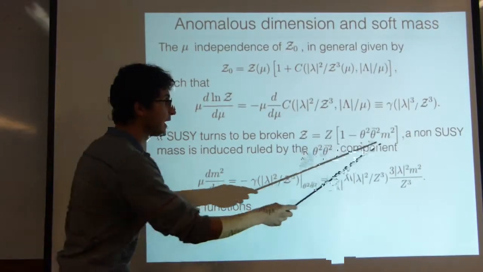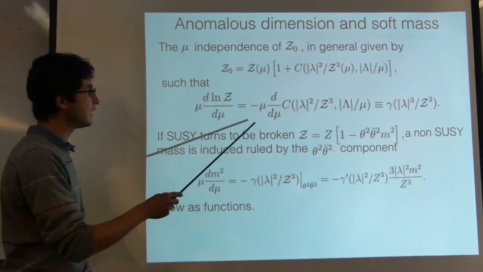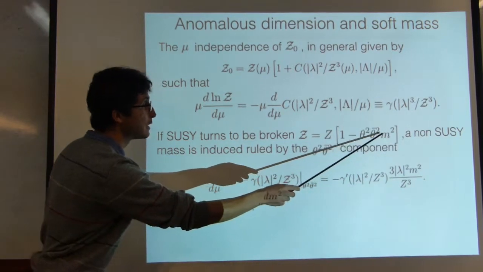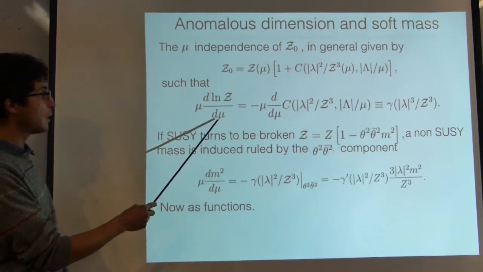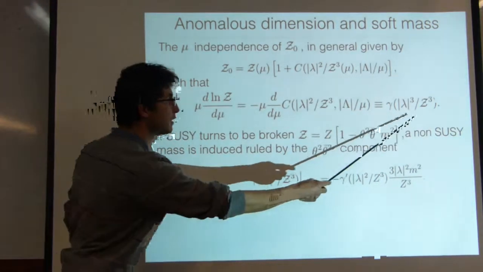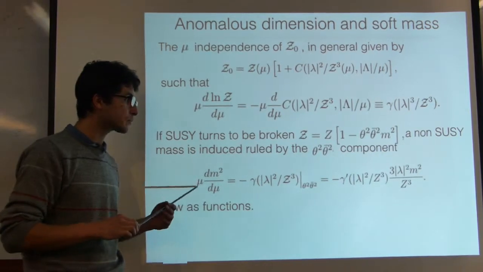So if this is the case, notice that the theta squared part of this equation will come as an equation for M. So if you take the theta squared, theta bar squared part of here, and the same in here, you will get a RG equation for M.